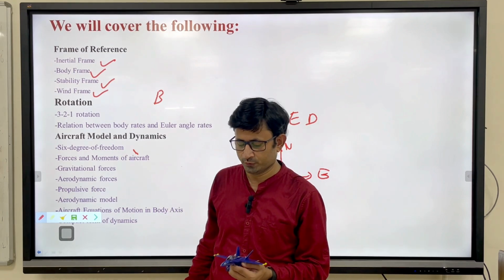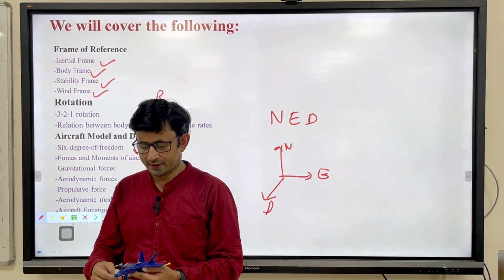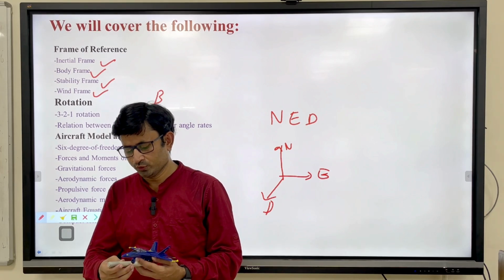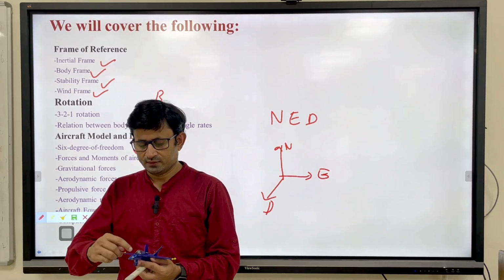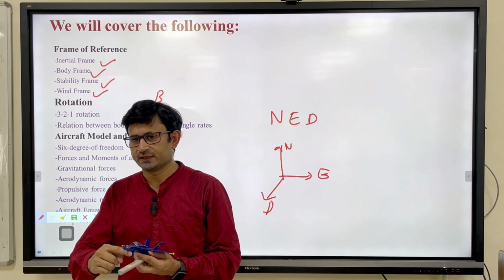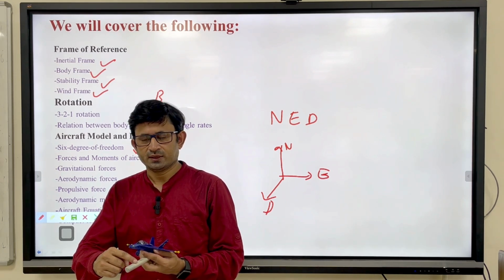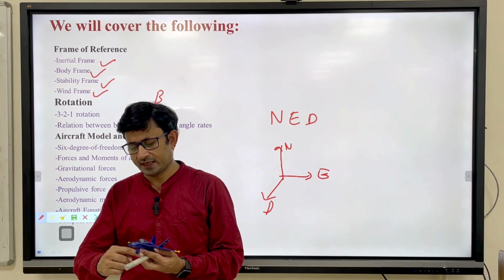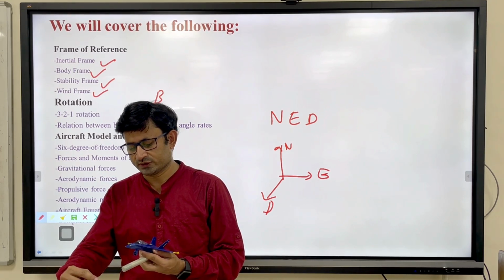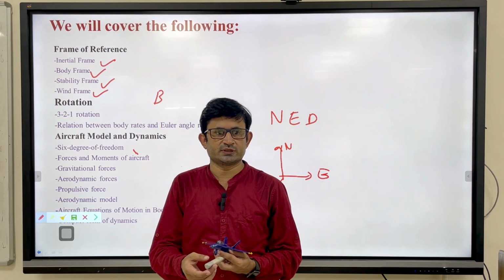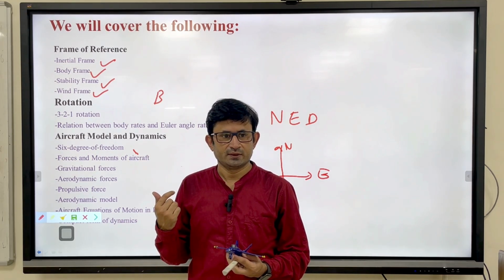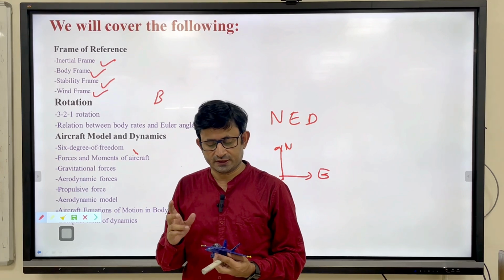Again I am repeating it. The body frame I already told you. When you have an angle alpha with the fuselage reference line and you take the x axis along this line, with two other axes perpendicular to it, that is known as the stability frame.